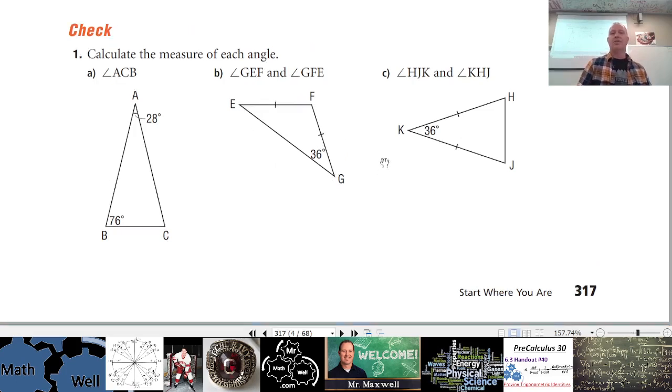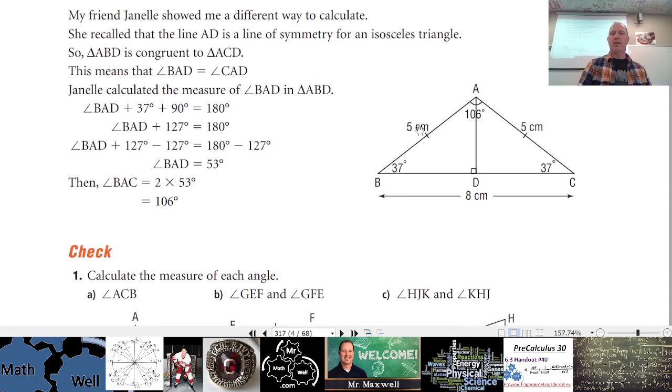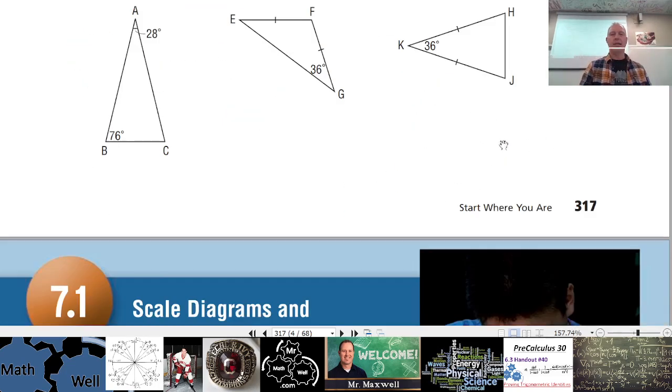Some of the properties of isosceles triangles: if you have the 5 right here and the 5 right here, those are the two equal sides. That means the two angles opposite those sides must also be equal. Also, when you add up all the angles of any triangle, they have to add up to what? 180 degrees, not 160.